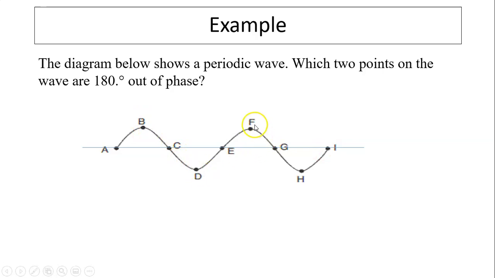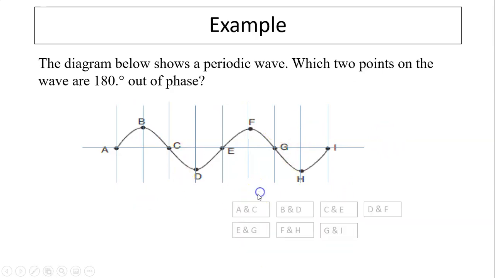D and F are half. F and H are half. So those are the points that are 180 degrees apart. Again, if you are still having trouble, draw the lines. When you draw the lines, each interval between the lines is 90 degrees. You can just count it. There are many, many points that are 180 degrees out of phase.